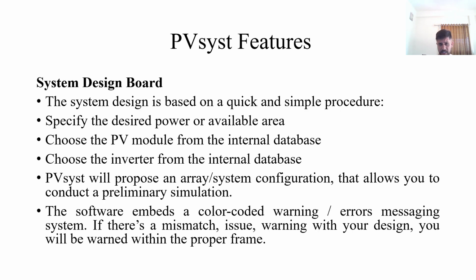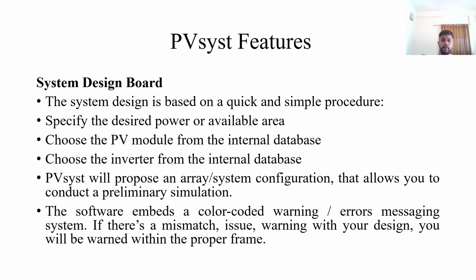Some of the PVsyst features on the design board: the design is based on a quick and simple procedure. Specify the desired power or available area. Choose the PV module from the internal database available. Choose the inverter from the internal database available. PVsyst will propose an array or system configuration that allows you to conduct a preliminary or basic simulation.